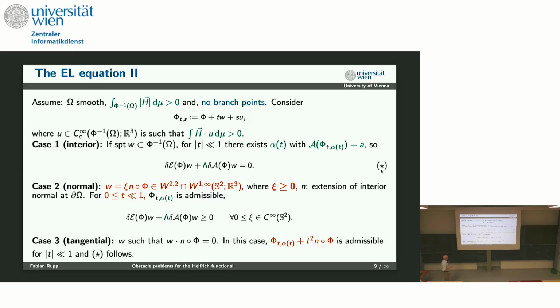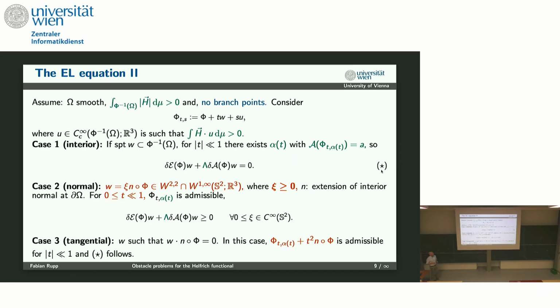The third case is a bit more involved. Maybe if we have a field W which is tangential now at this boundary, so which now points here in the tangential direction, then we cannot use this perturbation, but you can check that if you do a higher order correction, t squared in the interior, so t squared times the normal in the interior, pushing everything in a higher order way inside, then this will still satisfy the confinement constraint.